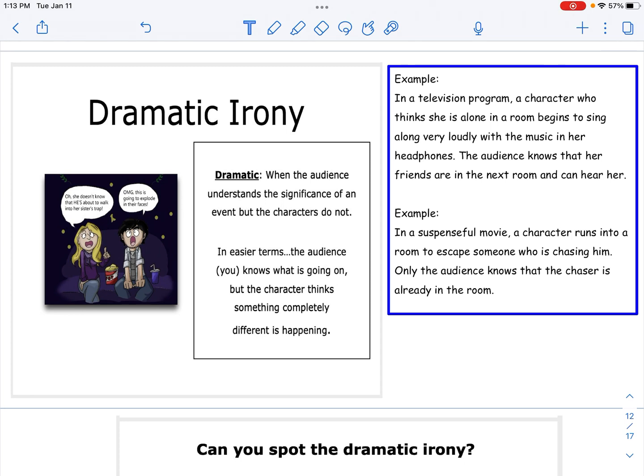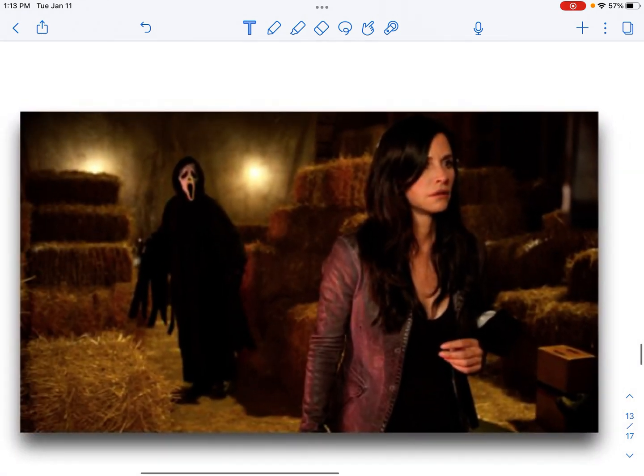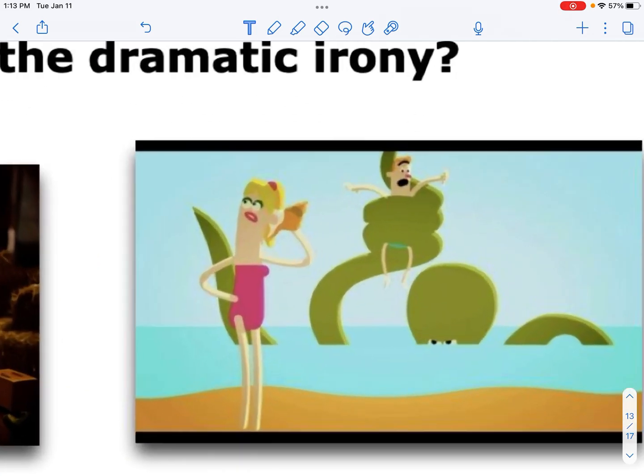Think about a suspenseful movie where a character runs into a room to escape someone who is chasing him. Only the audience knows that the chaser is already in the room. So take a look at these examples. Here we have dramatic irony. This is from one of the Scream movies. This individual right here has no idea that this villain is behind her, but we, the audience, do.